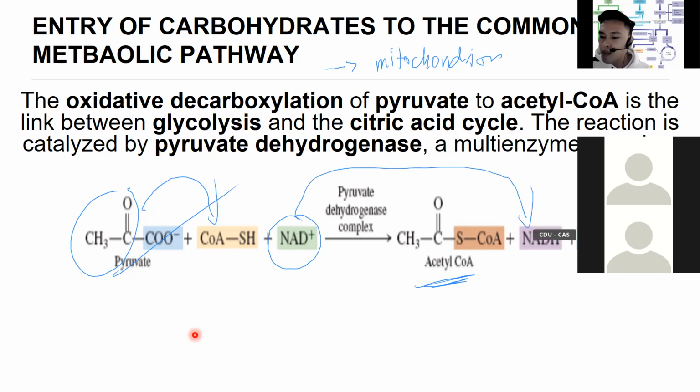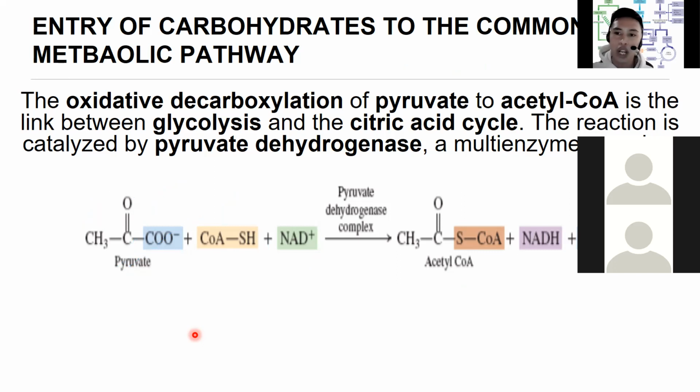So how many pyruvate did we produce from glycolysis? We were able to produce 2. Therefore, we were able to produce 2 acetyl-CoA, 2 NADH, and 2 carbon dioxide. Do you follow? Class, am I making sense here?